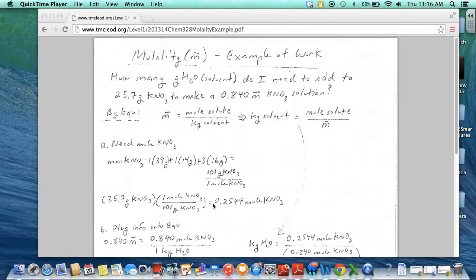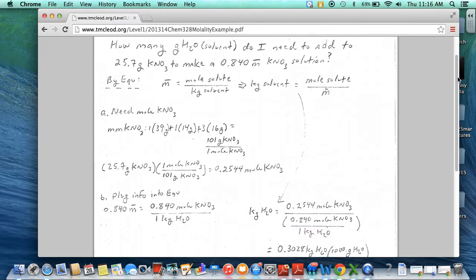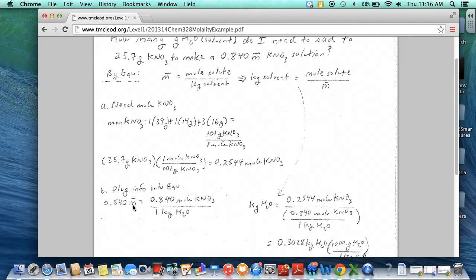That's part of declaring your variables. Then you also have the 0.840 molality, which is really moles per kilogram of water. These units cancel, so x is equal to this number over that ratio.